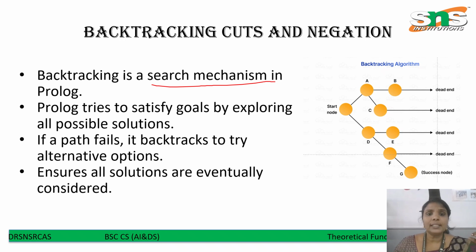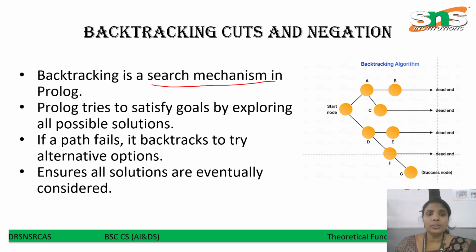If failure occurs, then backtracking: if Prolog reaches a point where a goal cannot be satisfied, it does not stop. Instead, it goes back to the last decision point and tries a different rule or fact. This is called backtracking. To find all solutions, the process continues until Prolog has either found all possible solutions or confirmed that none exist.